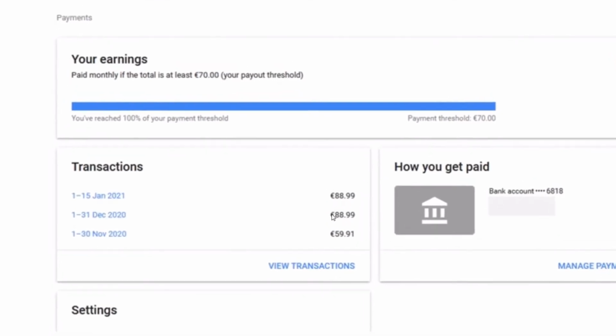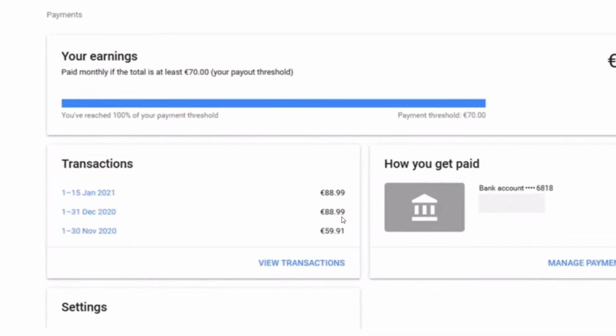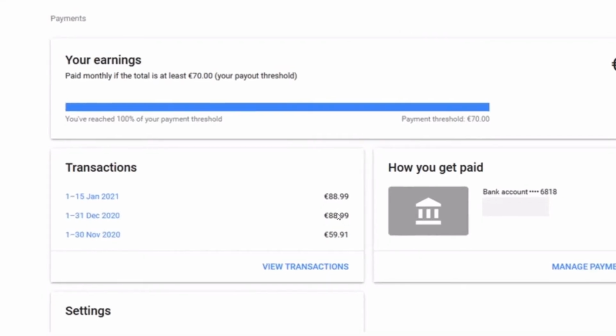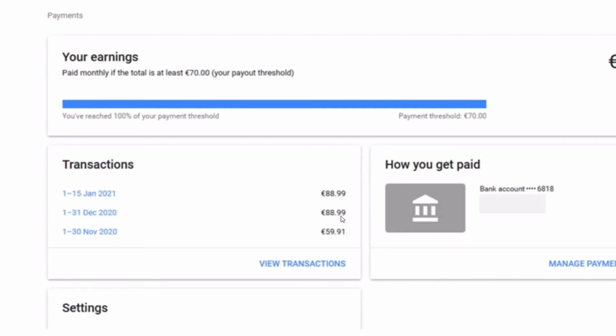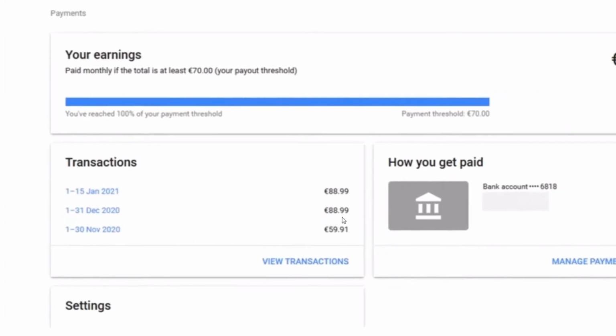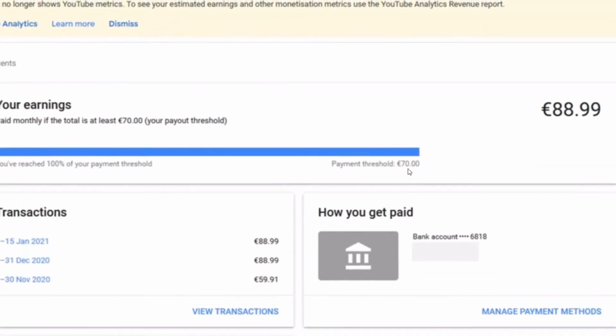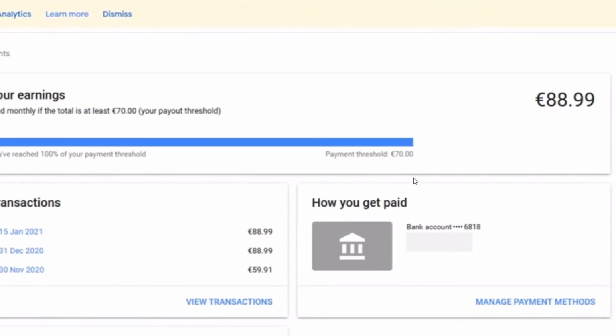As my total balance at the end of December has now exceeded the 70 euros, the 70 euros threshold that I set for myself.